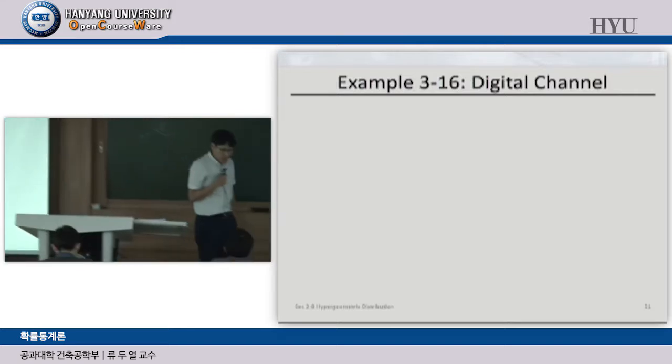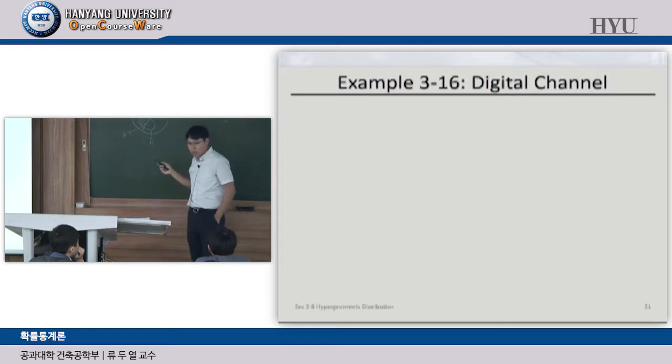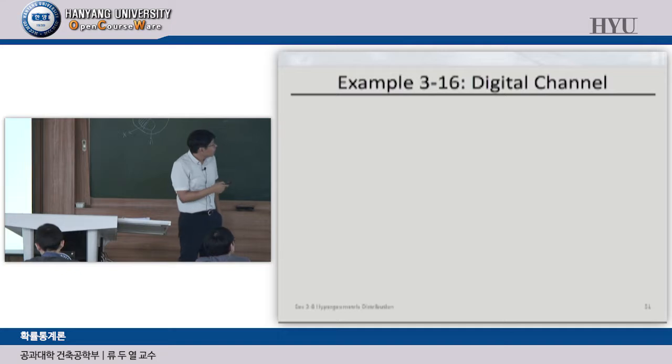So we have to know about the probability mass function for this case, right? And to understand that, we have to first know about the probability of selecting this random sample. So to understand that, we can use example 3-16.